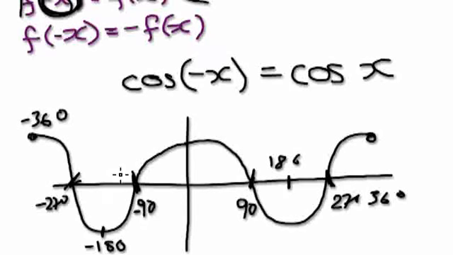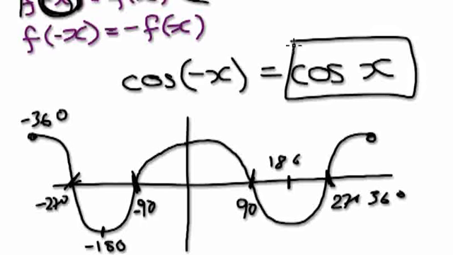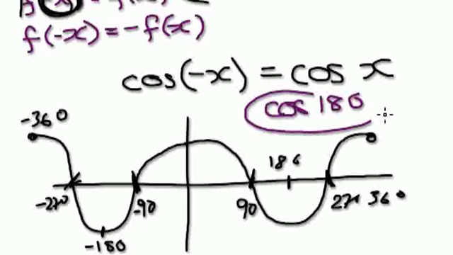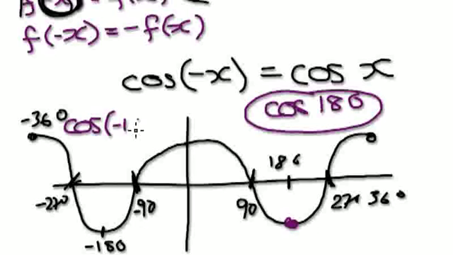Let's look at a point on the positive side. Cosine of 180 is negative 1. Then when we look at cosine of negative 180, it's pretty much the same.